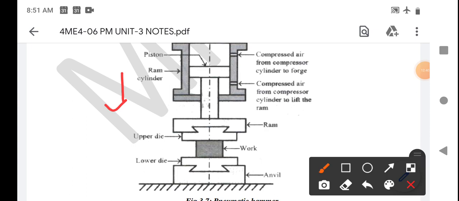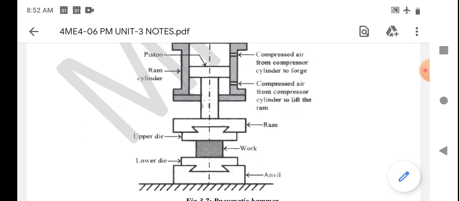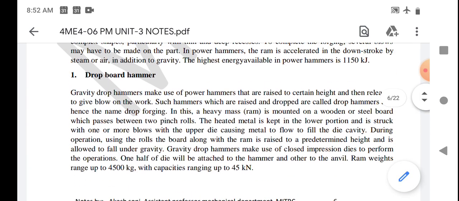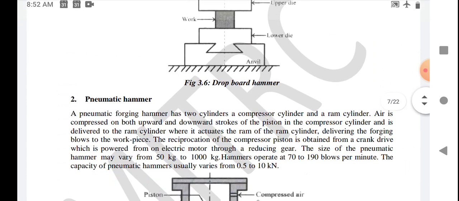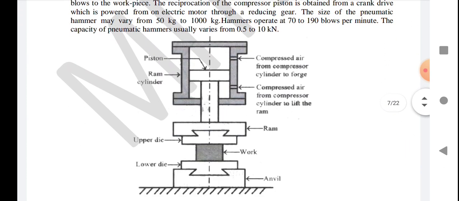When the air exits or is compressed outside, the ram moves in the upward direction. That is the process. It is the same as the drop board hammer, but we use in this a cylindrical air compressor.